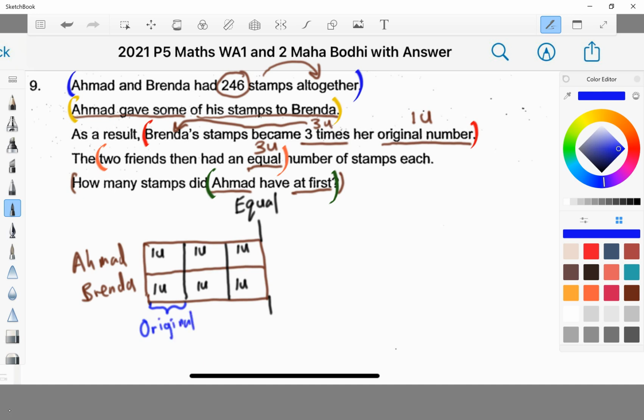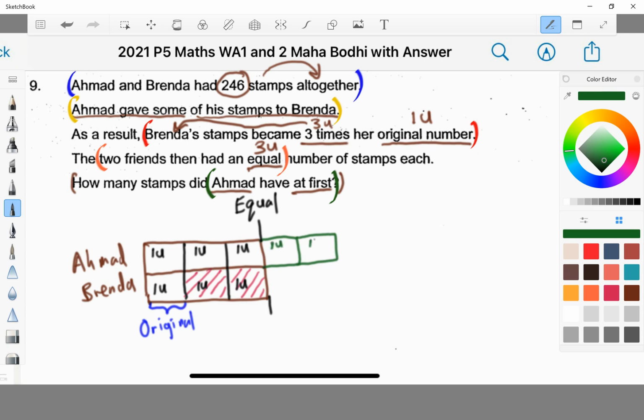And of course, I will want to shade in red 2 units that must have come from Ahmad. Which also means that I will return the 2 units back to Ahmad. So I'll draw another 2 boxes for Ahmad.